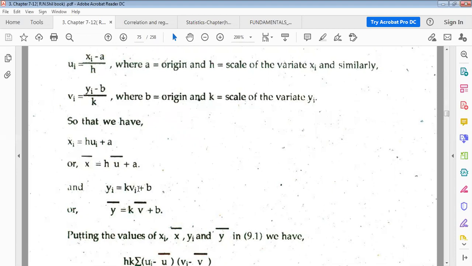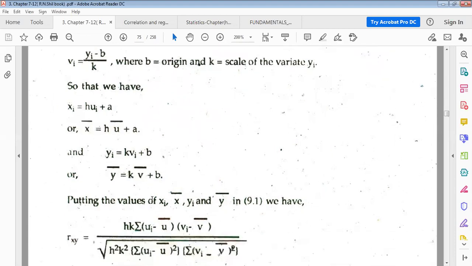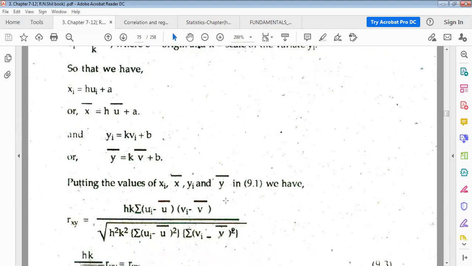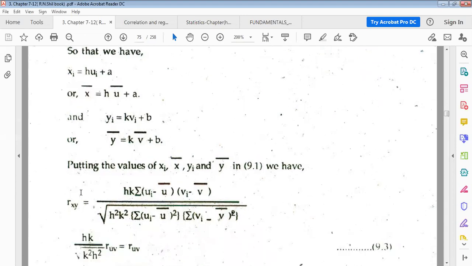So taking the mean, y bar equals k v bar plus b. Now putting these values of xi, x bar, yi, y bar into the equation, that means into the correlation coefficient, this is the correlation coefficient.